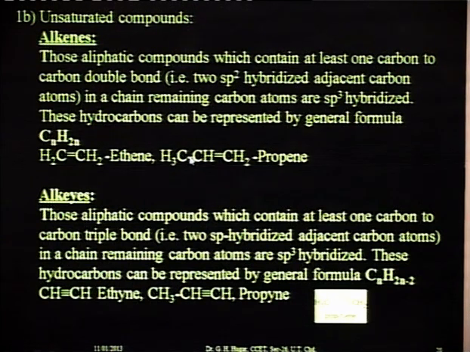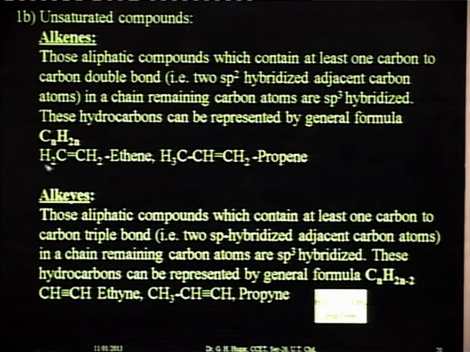So, 3 plus 1 is 4, plus 2 is 6, plus 2 is 8, and 1 pi bond: 8 sigma and 1 pi bond here in the propene. Like that you can count. There will be questions, they may ask how many sigma and pi bonds are in a given molecule of alkene. So, here there are 2 plus 2 is 4, plus 1 is 5 sigma bonds and 1 pi bond in case of ethene.